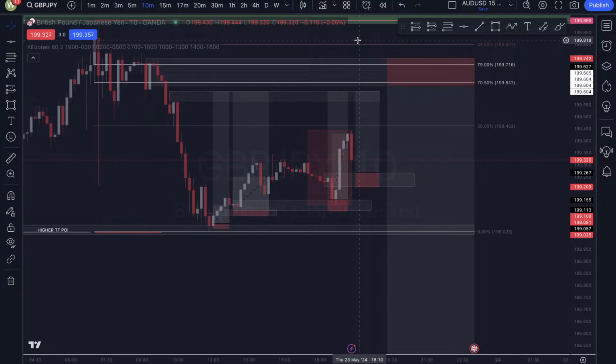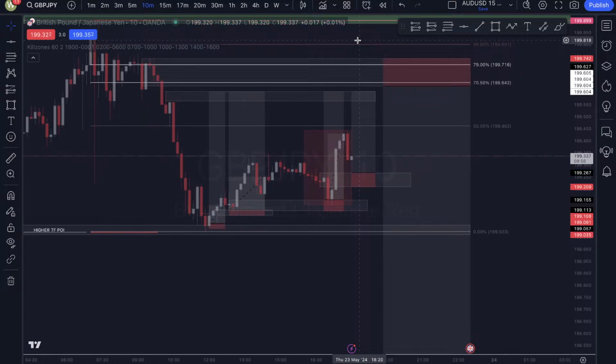So we're getting that push down now. Okay, and we can see it's coming down.